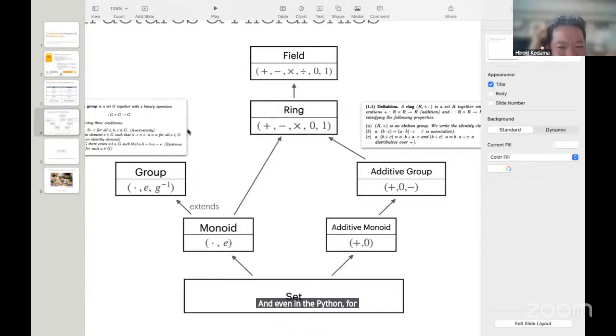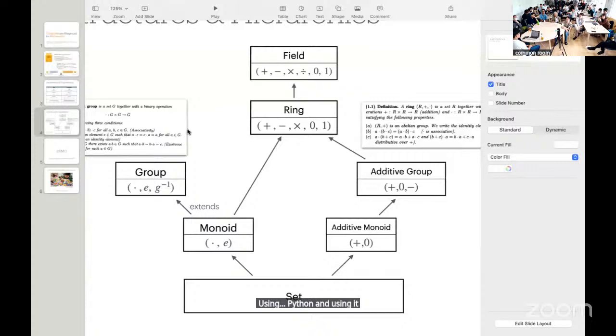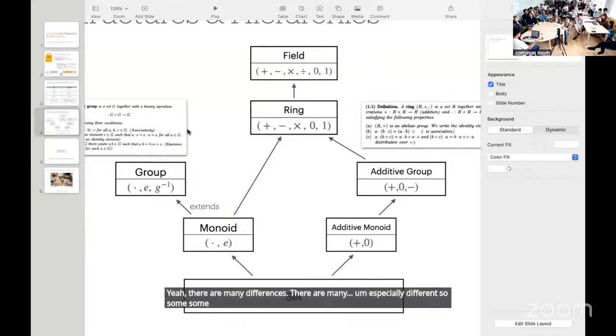And what's the difference between using Python and using this kind of language? Yes, there are many specific differences. Some languages might support object-oriented programming, and some might support functional programming.